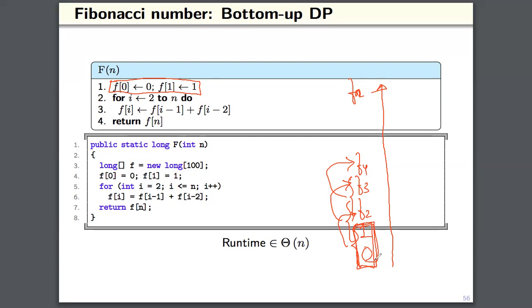The leaves are at the bottom. So you start from the bottom and keep computing the subproblems that are just above the level of leaves. Next, one level above the leaves. So on, until you reach Fn.